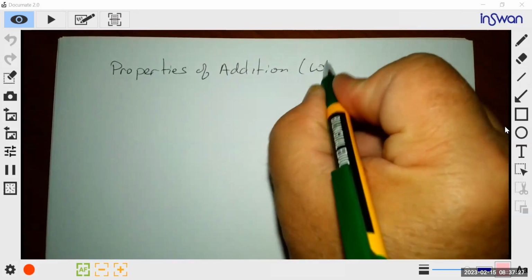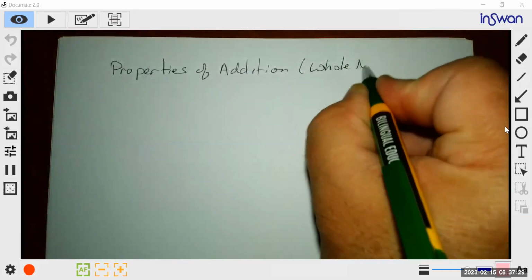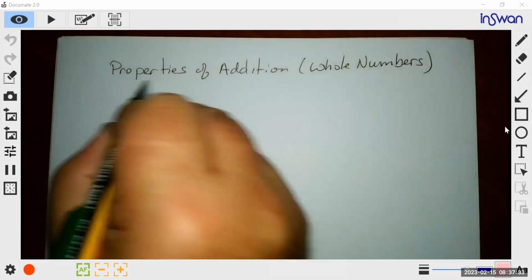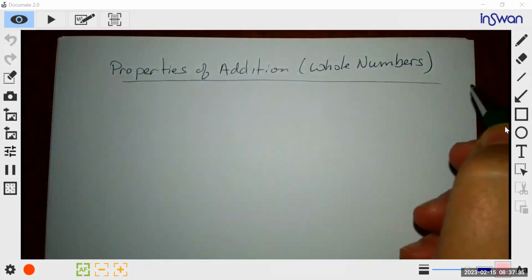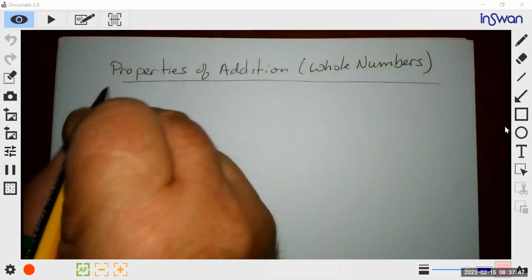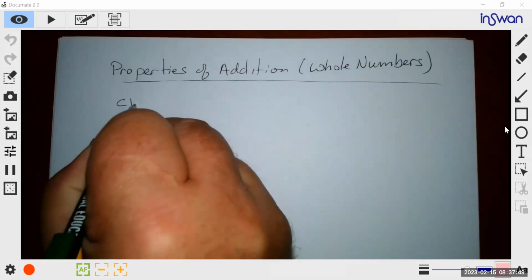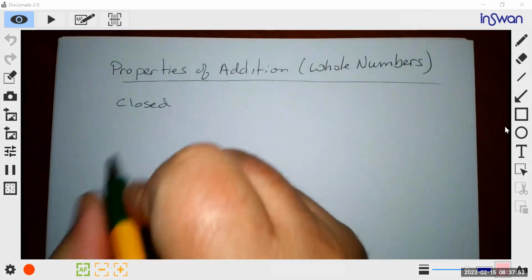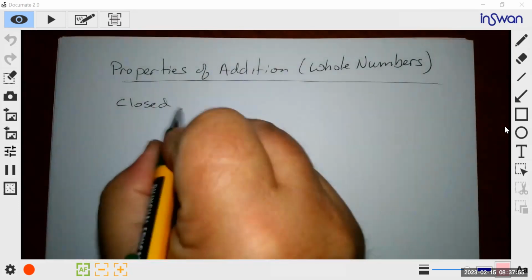We're dealing with whole numbers still. Closed or closure.